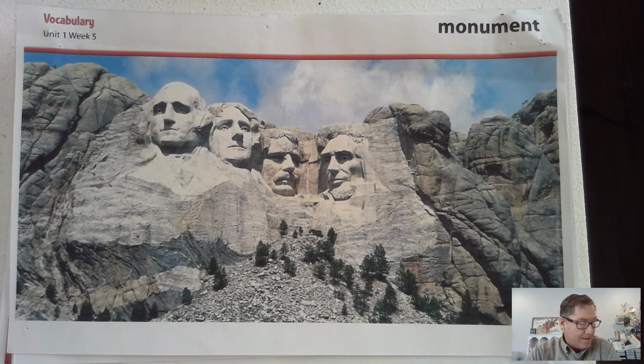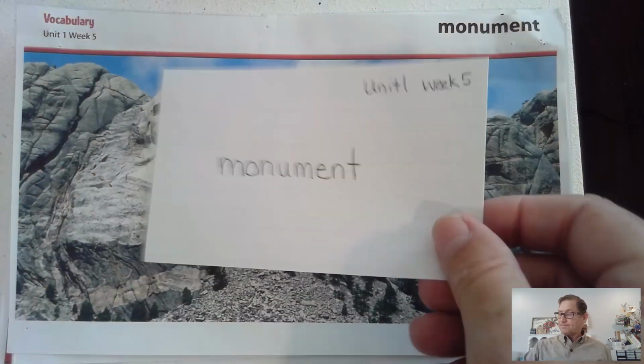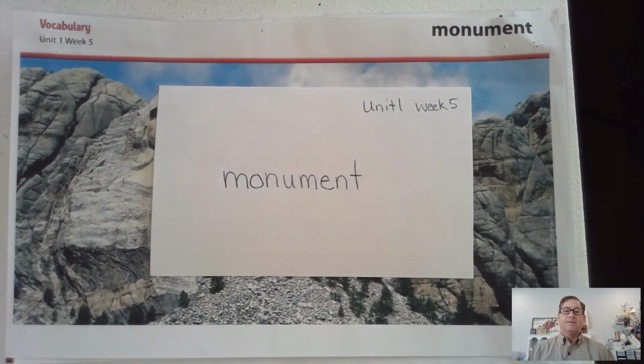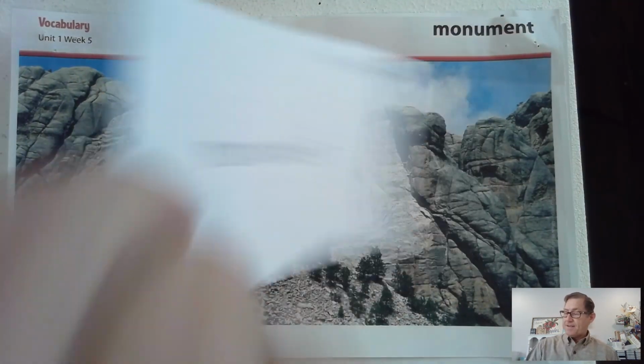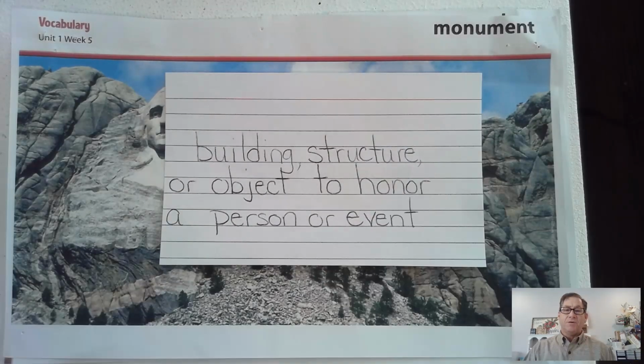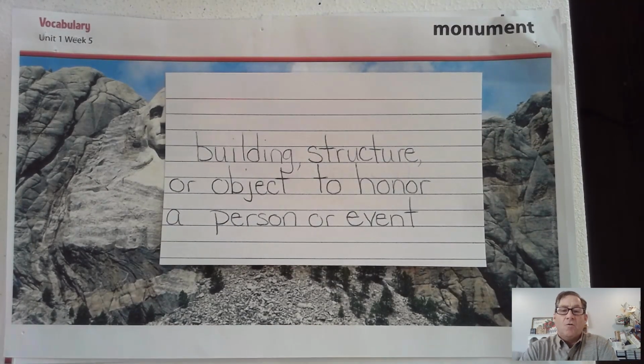An example, this monument honors the leaders of our country. Describe a monument you have seen. Okay. Monument. And on the other side, write a building, structure, or object to honor a person or event.